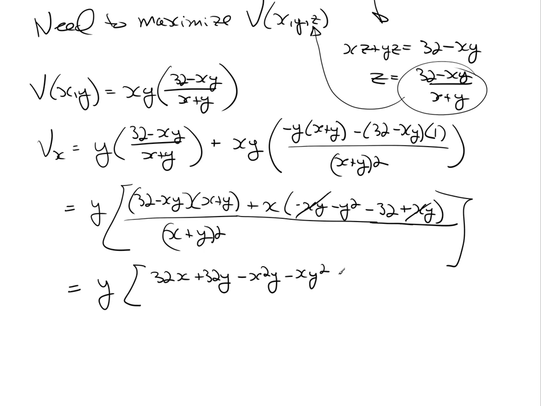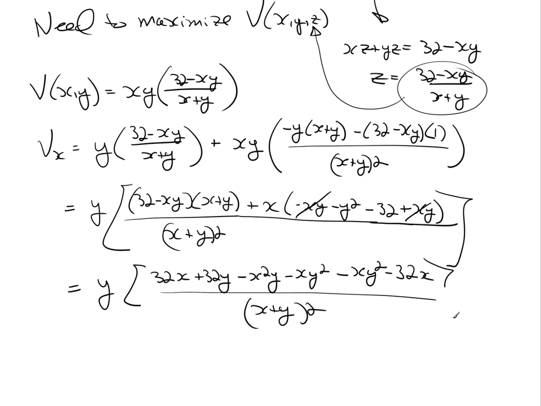And then this is going to be minus xy squared minus 32x, all over (x plus y) squared. I really want to simplify this because I'm going to have to take this derivative again. So I'm thinking the more I simplify it, the nicer life is going to be.